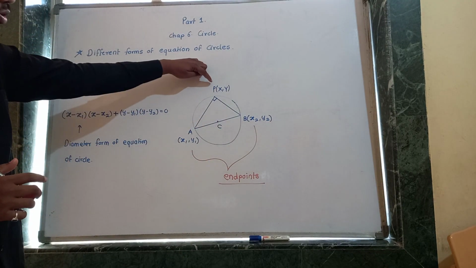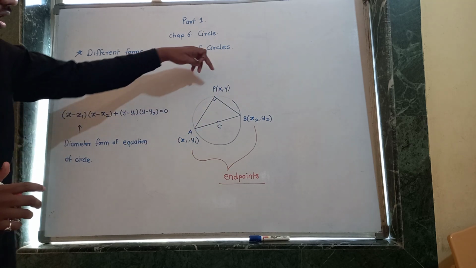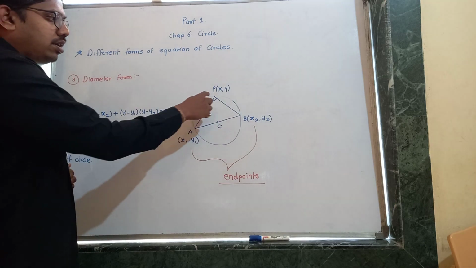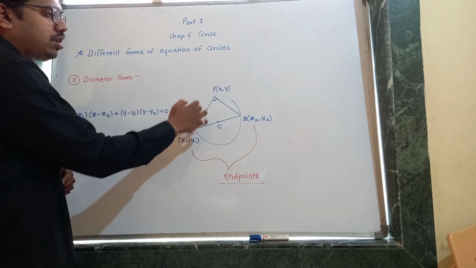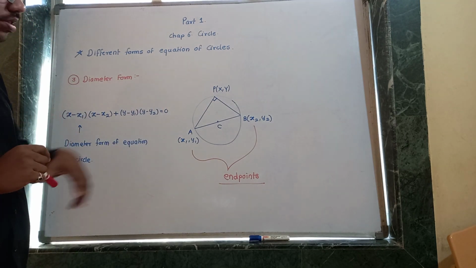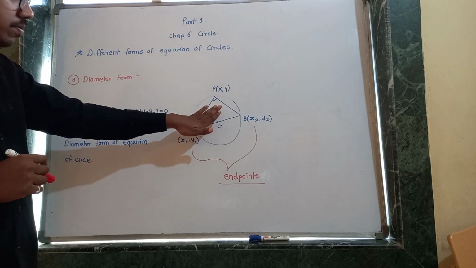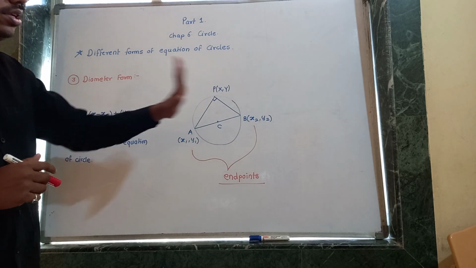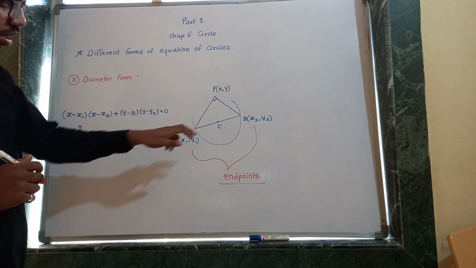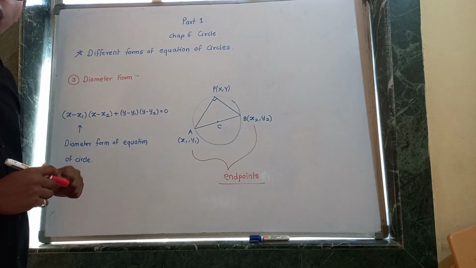Okay. And there is one more point P, which is lying on the circumference of the circle, having the coordinates x comma y, and as it covers a semicircle, that's why we have a 90 degree angle there. This was done in 10th standard. Here the center is not provided; I have not written h comma k or 0 comma 0.